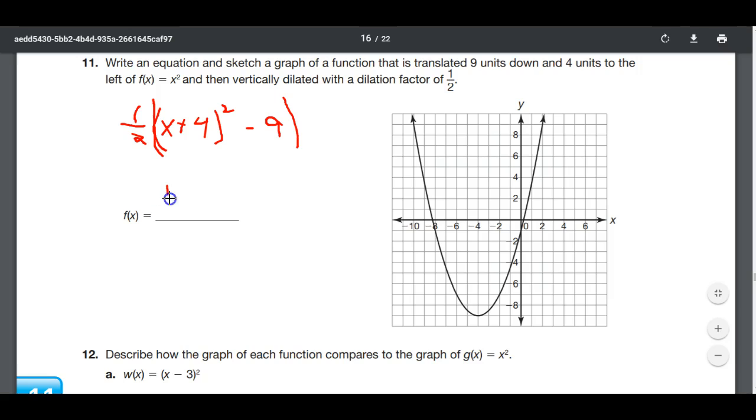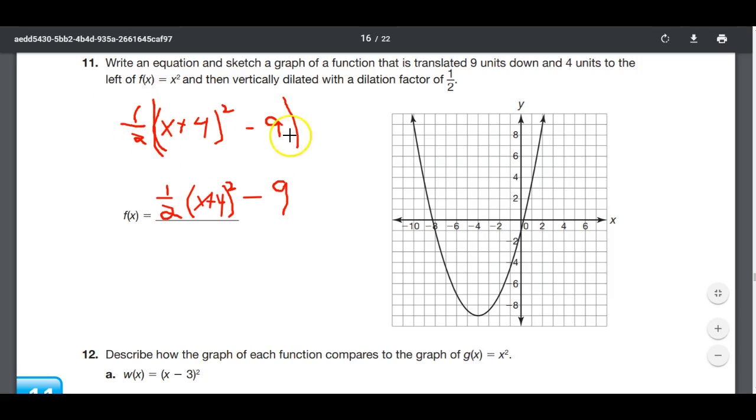Anyway, I write it like that: 1/2 (x plus 4) squared minus 9. Okay, let's put that in to our calculator and GeoGebra and just make sure that's what we're actually getting. Sorry, 1/2 (x plus 4) squared minus 9. That's what we can put it like that.